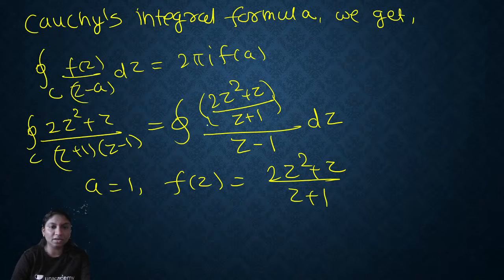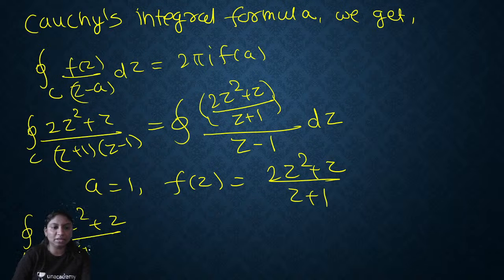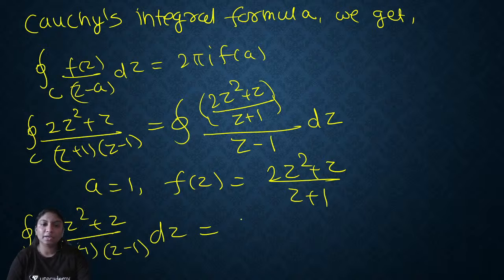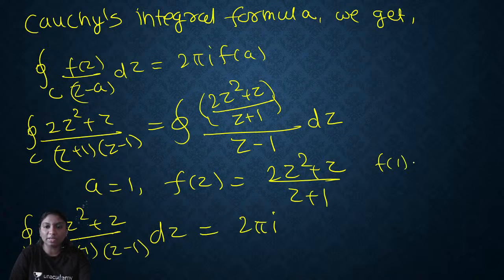So ultimately you will get 2 pi i into f of 1. So the integral over C of 2z square plus z upon z plus 1 into z minus 1 dz is equal to 2 pi i into f of a, where a is equal to 1. So f of 1 is equal to 2 plus 1, that is 3 by 2.